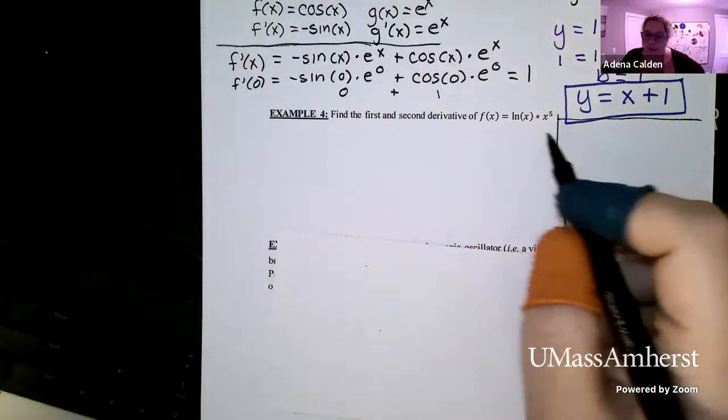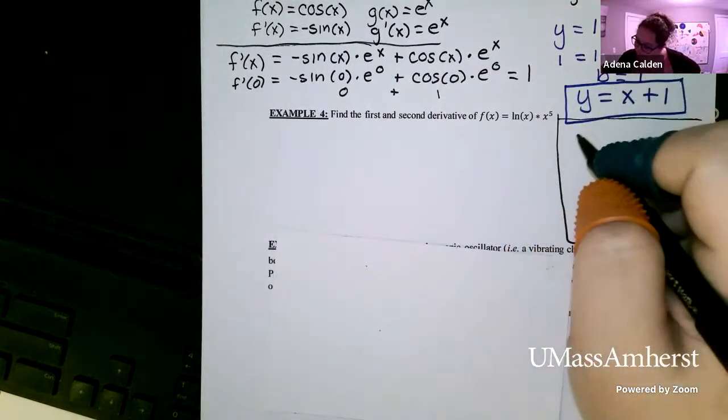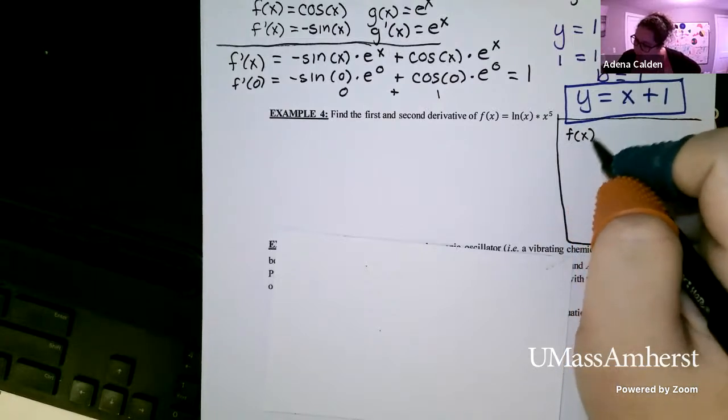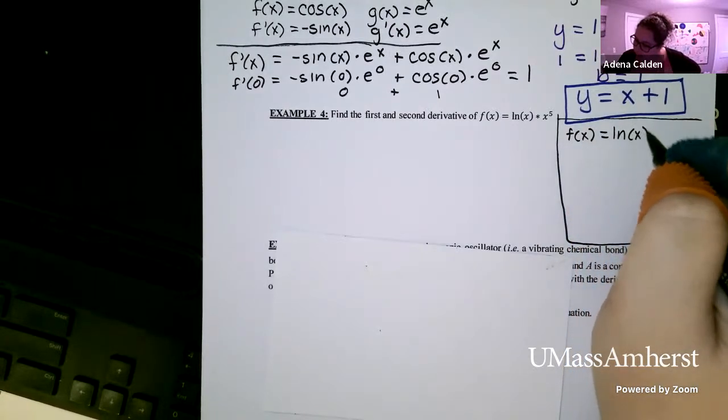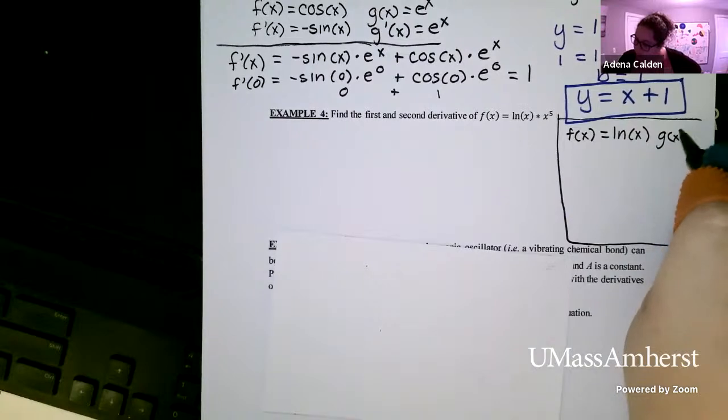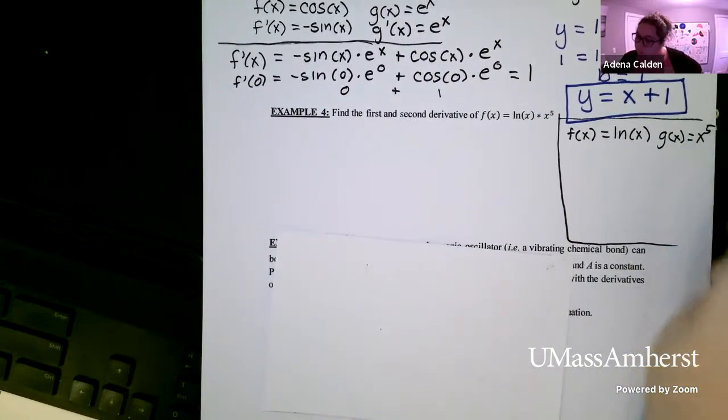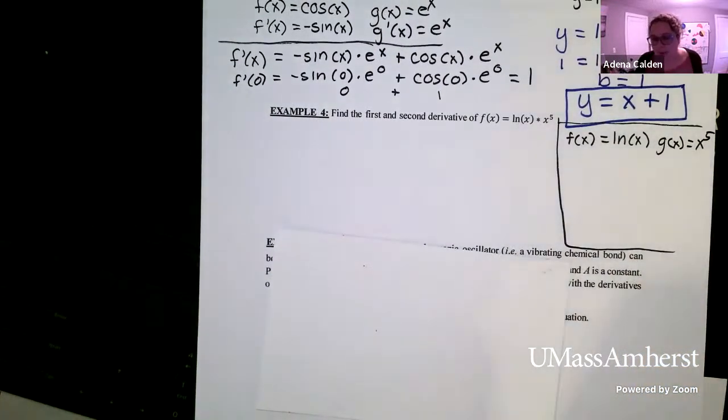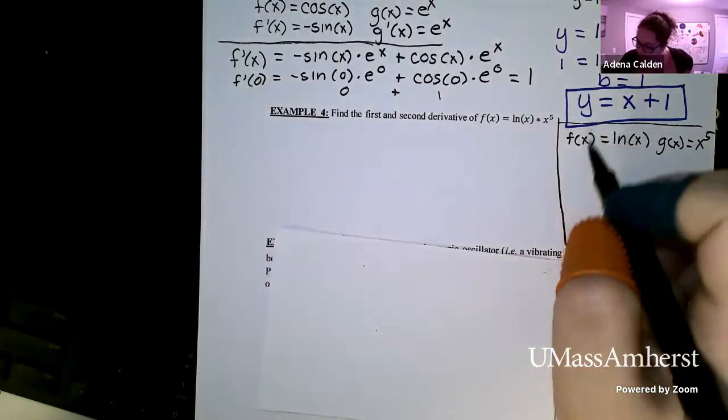And so we're going to go ahead and call the first one f and the second one g. And the hope is that when we separate them, they become derivatives we know how to take, which here we do.